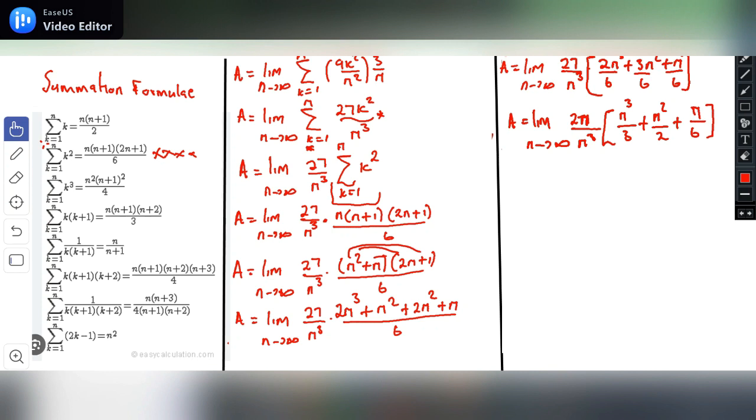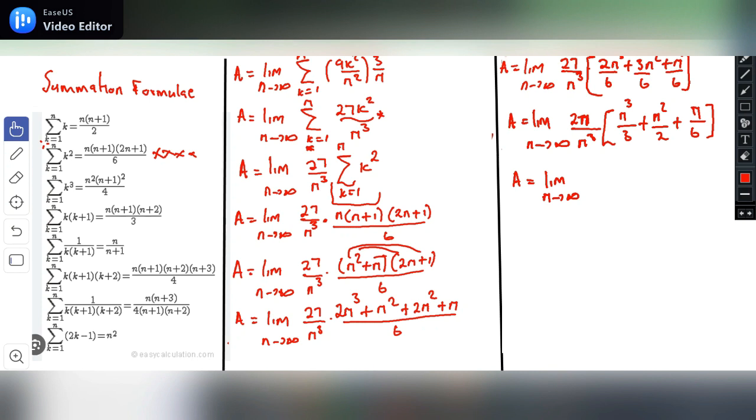Then now we can multiply 27 over n cubed with everything inside the brackets, right? So let's do that. We can see that 27 all over n cubed multiplied by n cubed all over 3, the n cubed is going to cancel out. Can you guys see it?